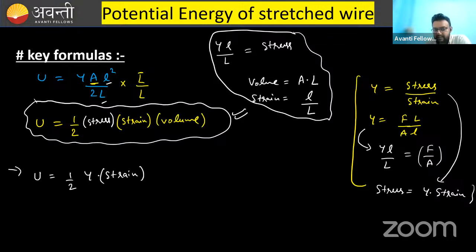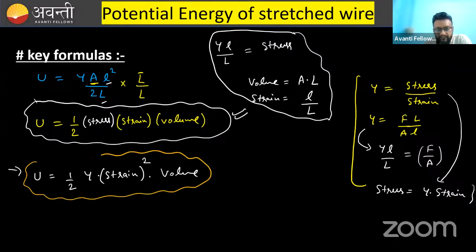This is what? Stress. There is another strain. So it will become half Y into strain square into volume. This is another form that most of the times is used. I think this is again a clear term.